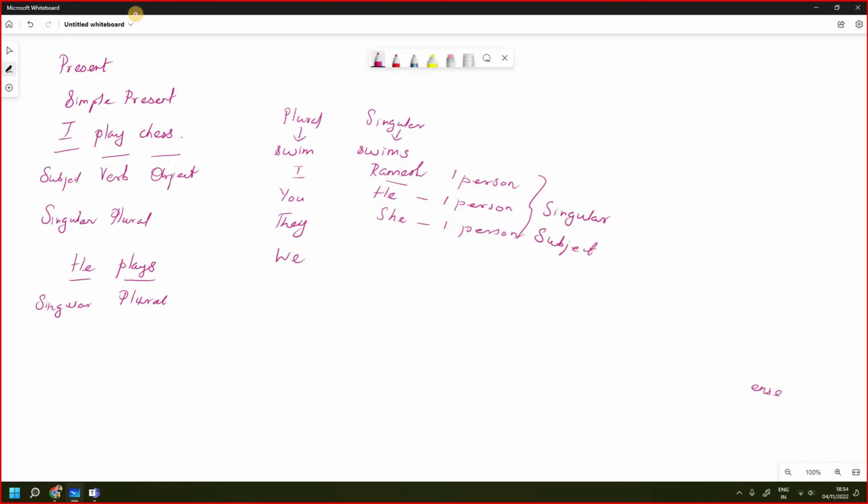For a singular subject, I have used this. And what is that? For a singular subject, I have used what? A singular verb. If the subject is singular, then I am using a singular verb.